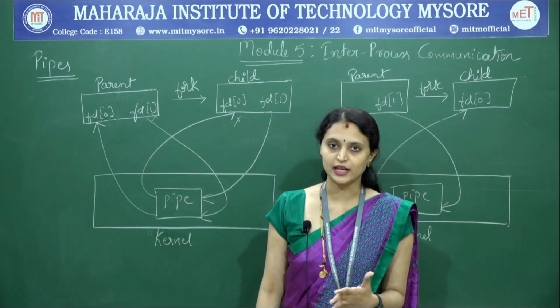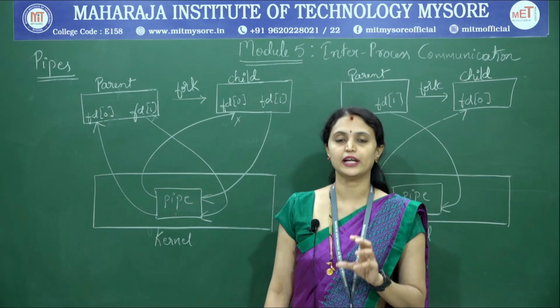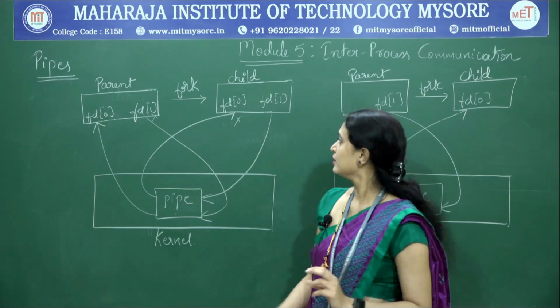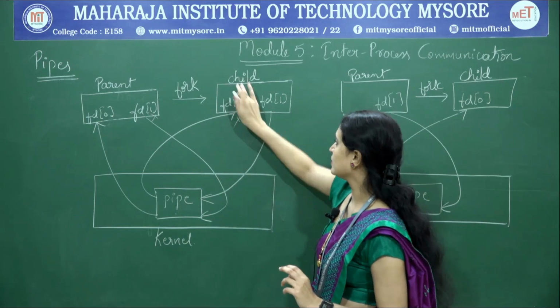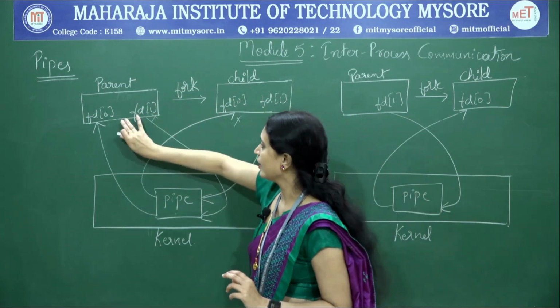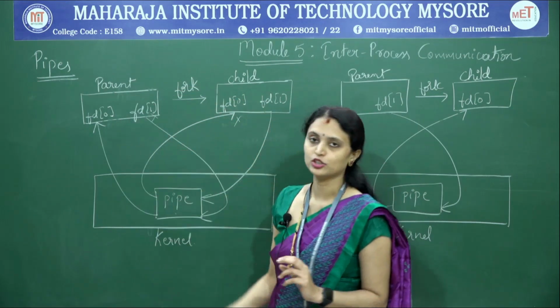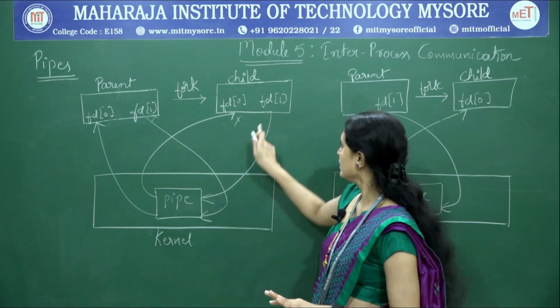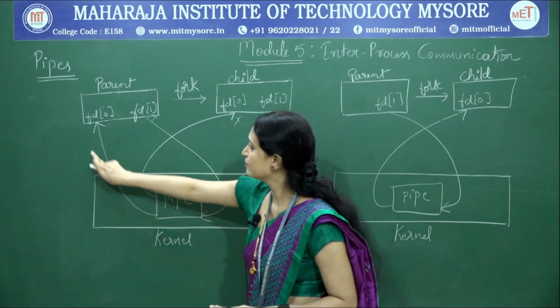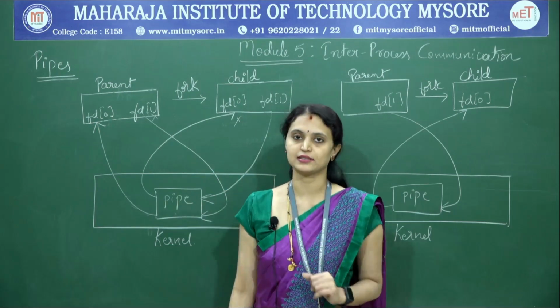So we will repeat once again. If there has to be flow of data from child process to parent process, in that case the read end of the child process has to be closed and then the write end of the parent process has to be closed. So what will happen? The data FD of 1 will be given as input to FD of 0 in that case, okay.